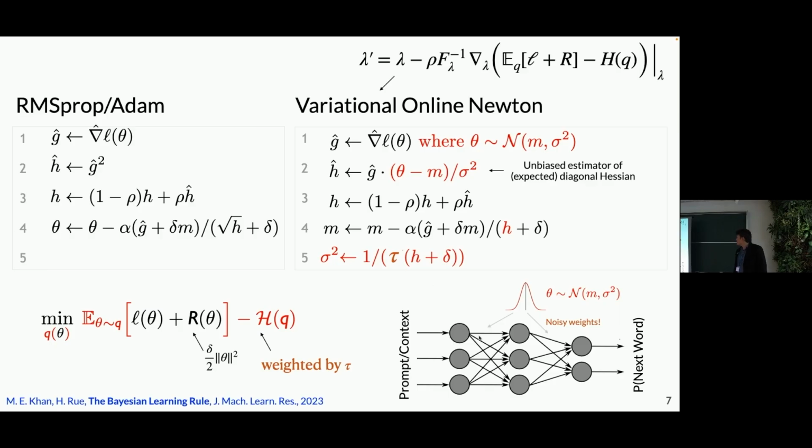You don't want these weights to be too noisy. Then you are adding too much noise to your weights, and the training diverges. So you want to set the tau such that you add a small amount of noise, because the sigma depends on tau. The larger you make tau, the smaller the sigma gets. If you make the tau too small, you're adding a lot of noise, and then the training diverges. If you make the tau too big, you're essentially a deterministic SGD or Adam-like optimizer.